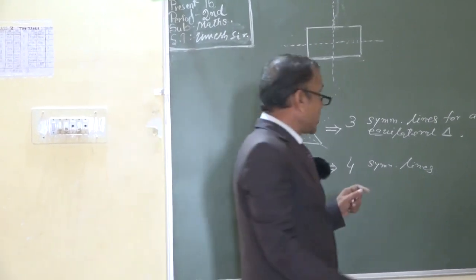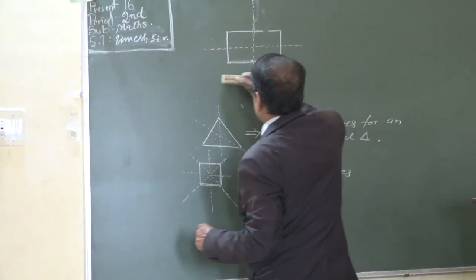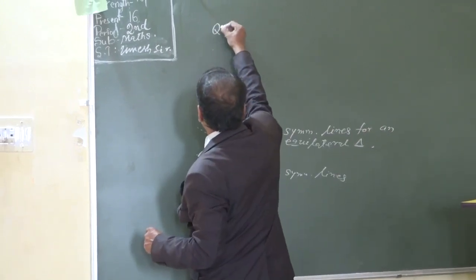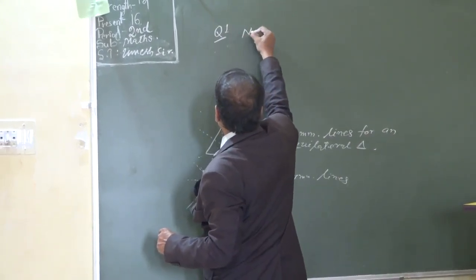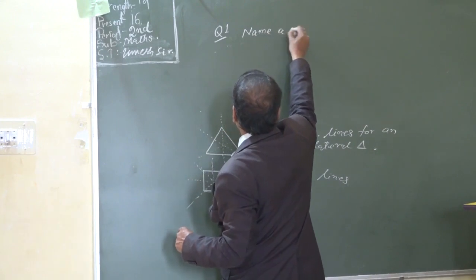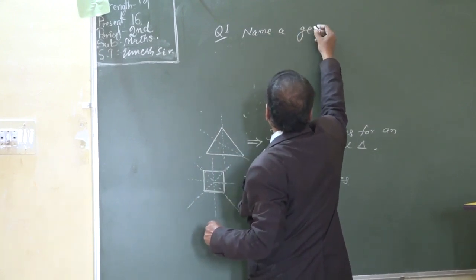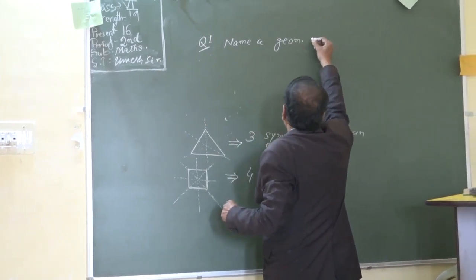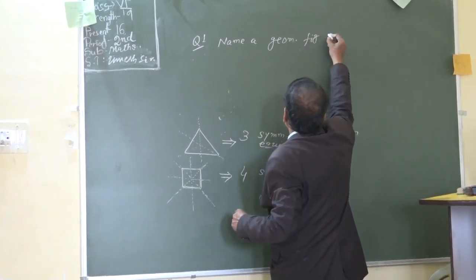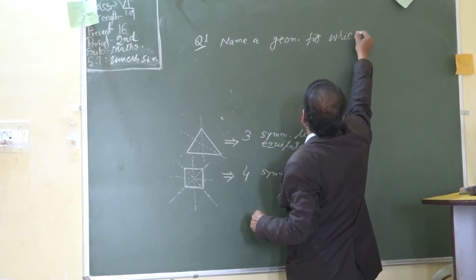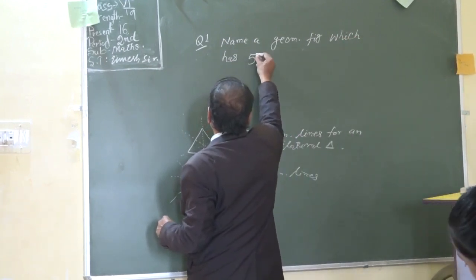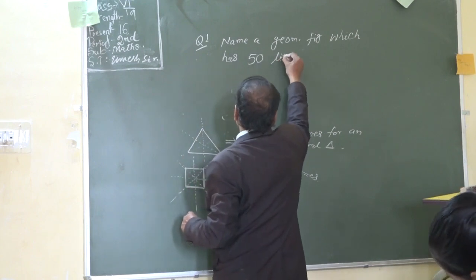Now I am asking you a question. Question number 1. Name a geometrical figure which has 50 lines of symmetry.